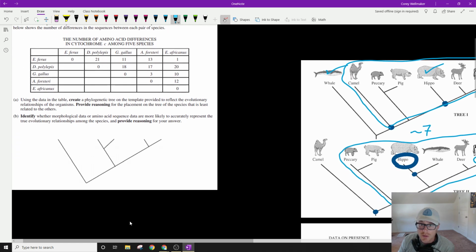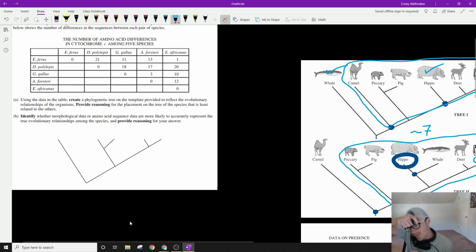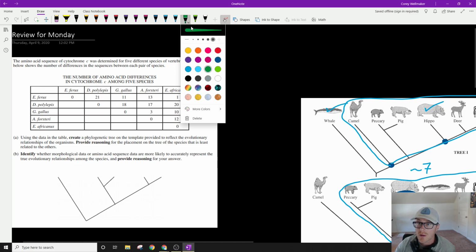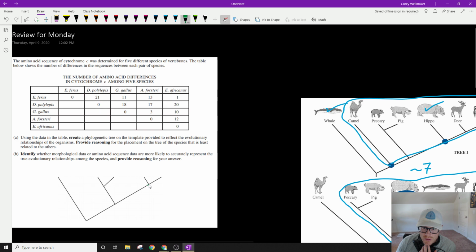Let's move on to this one where, again, we're looking at amino acid sequence differences, and they've given us a template, and our job is just to fill in the genus and species names into the correct slots. The first thing you should notice is that we should find two genus and species names that have very few differences from each other for this slot.